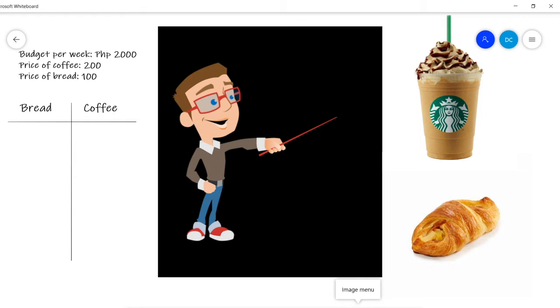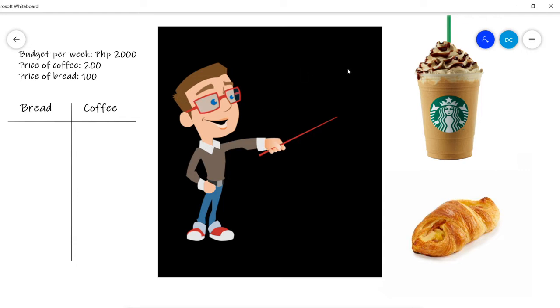So I have here a table on the left side of the screen wherein nakalagay dyan that this teacher, who is me, I don't know if kamukha ko yan, has a budget per week of 2,000 pesos. Okay?